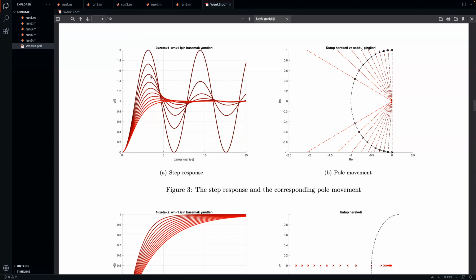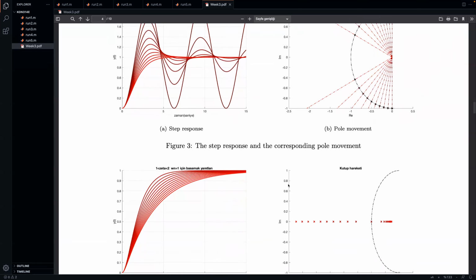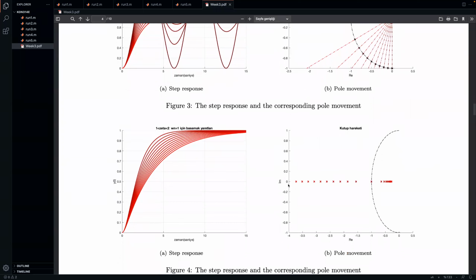Other than that, if you increase zeta, you will get to a certain point which is called critical damping, and that's where the potential energy of the pendulum is going to be consumed by friction, and you will stop at your equilibrium point in one go, basically. If the damping ratio is greater than 1, we call the systems overdamped.